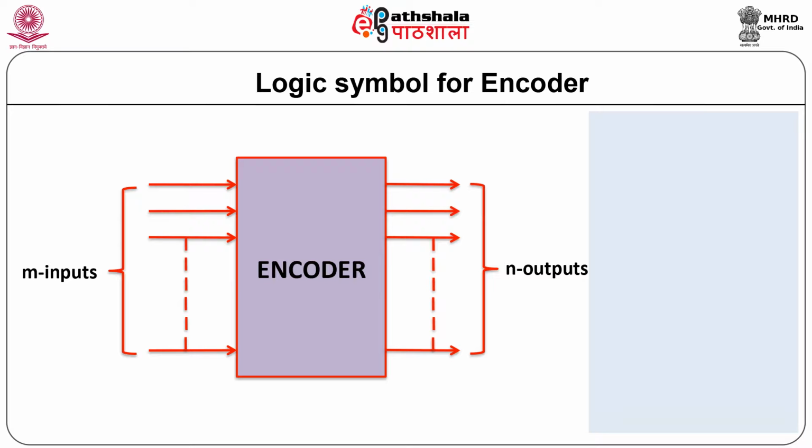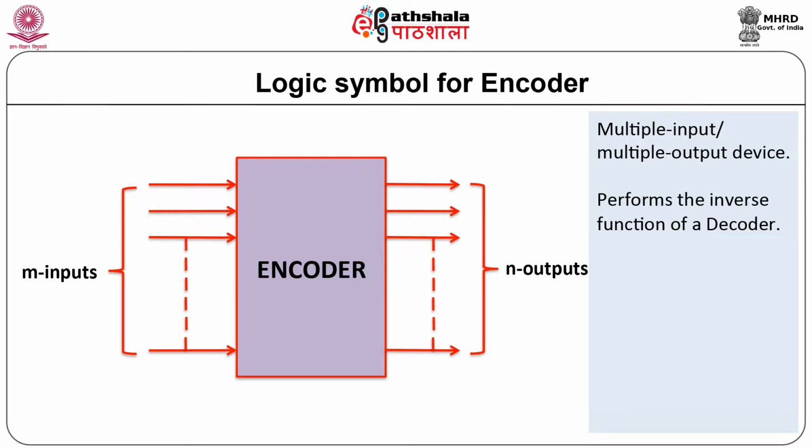The logic symbol of encoder is indicated with m inputs and n outputs. In short, it is a multiple inputs and multiple outputs device. An encoder has m number of input lines and n number of output lines.